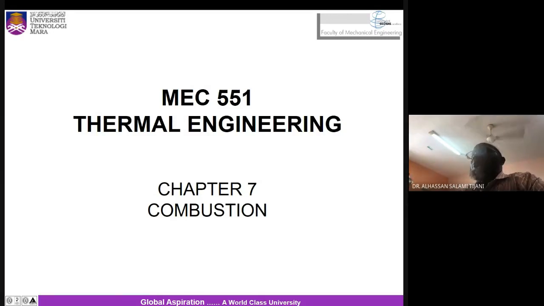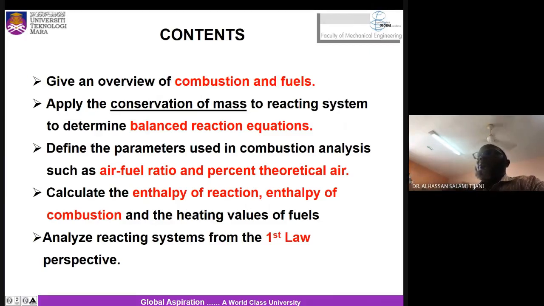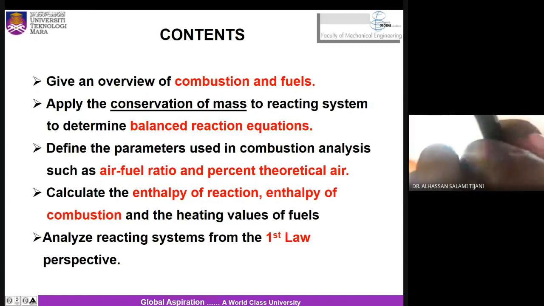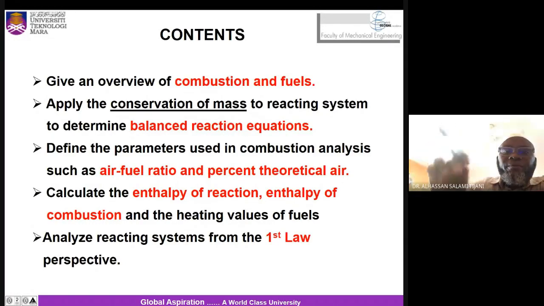So the basic content of this particular chapter will be focused on the definition of combustion, and then we will also be looking at the various conservation of mass and energy in relation to combustion.